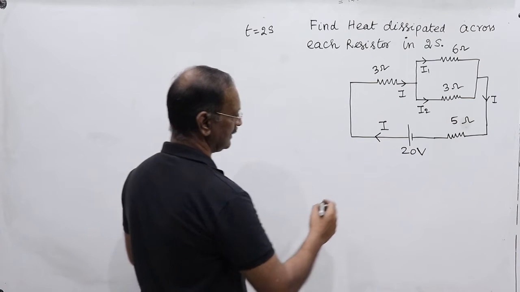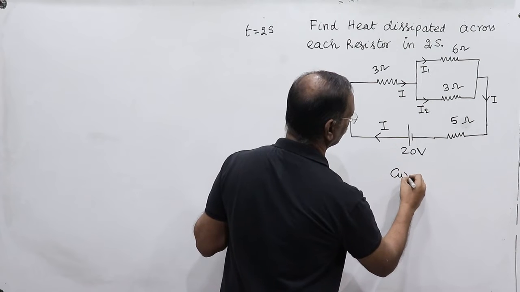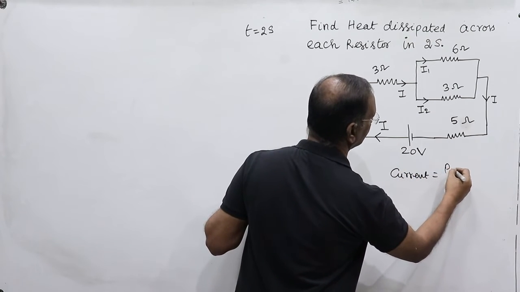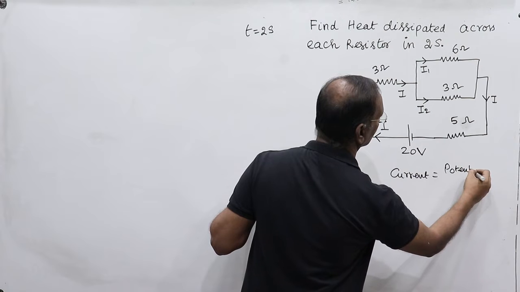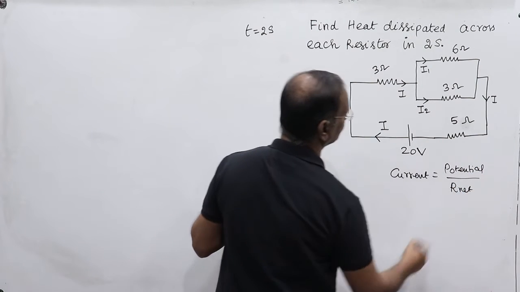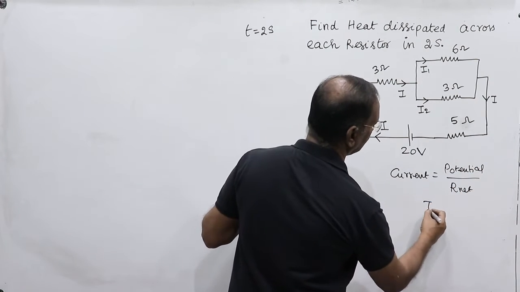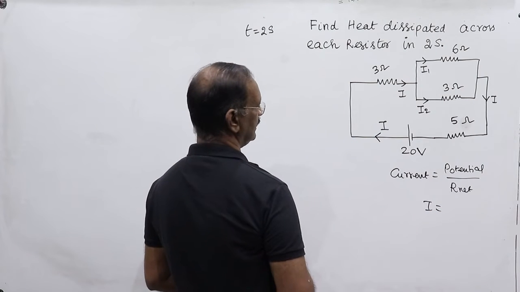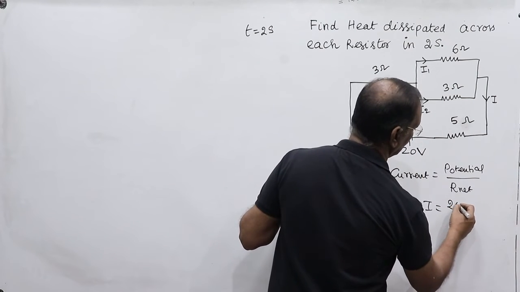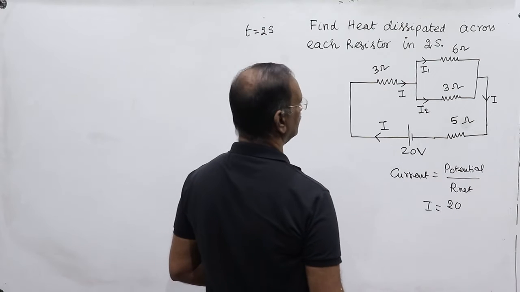What is net current? Current is equal to potential divided by net resistance, or we can write I is equal to, what is the net potential? Applied potential is 20 volt. What is the net resistance?